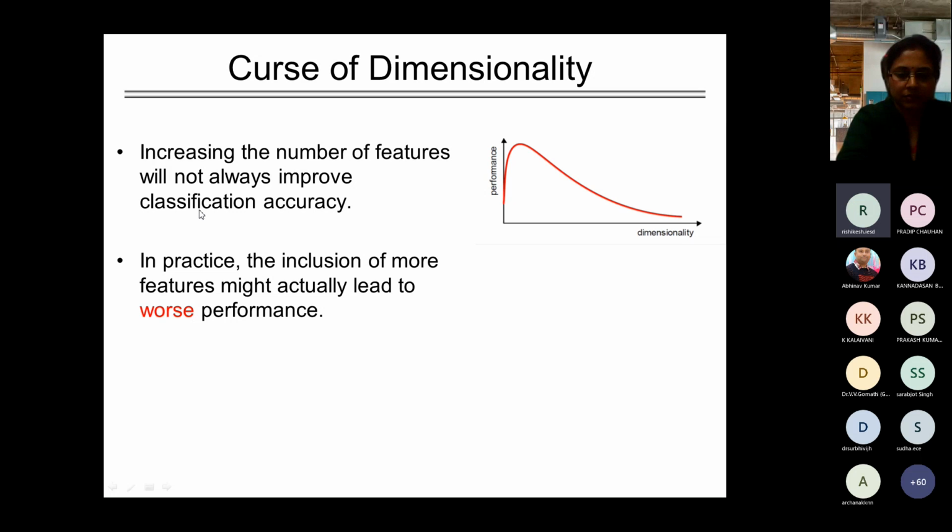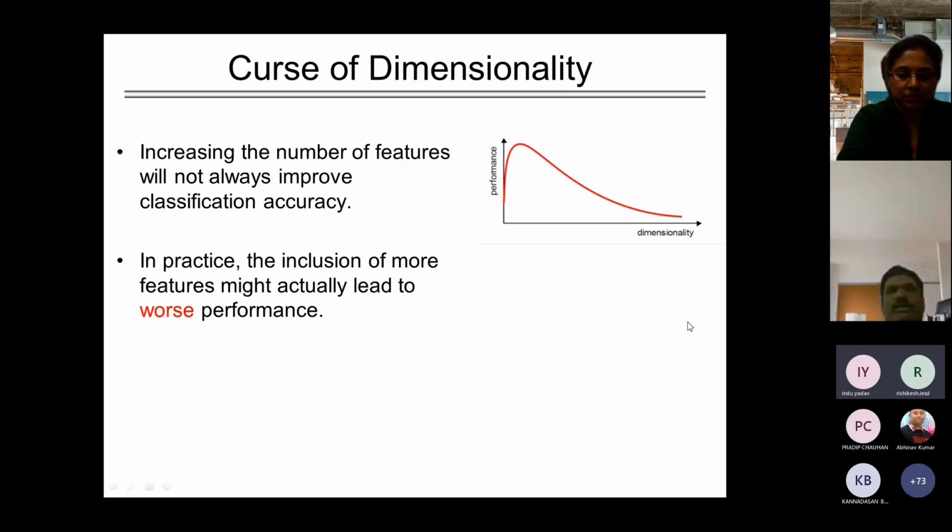Dimensionality reduction means, in any phenomena, the total variation has so many components. Suppose the variation is 100. There can be 35 components due to which that 100 variation is coming.